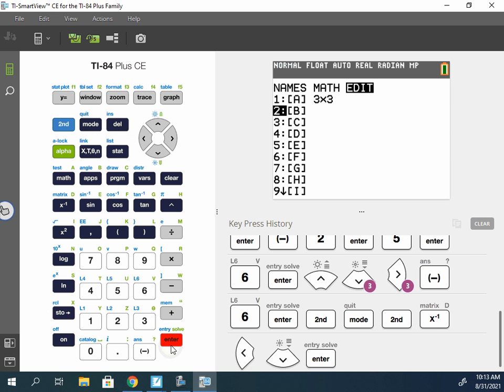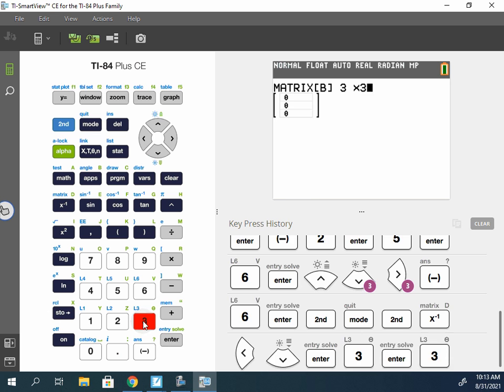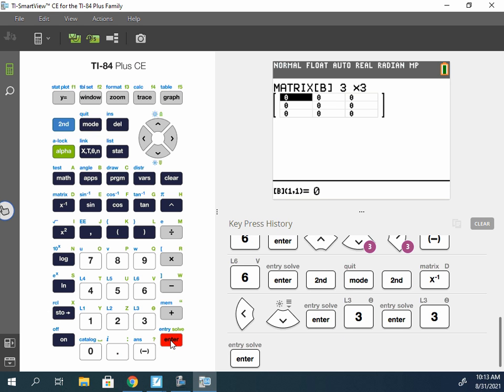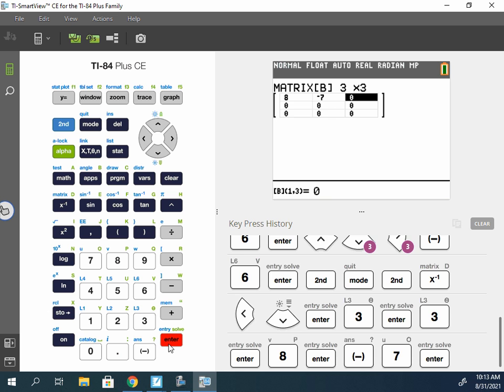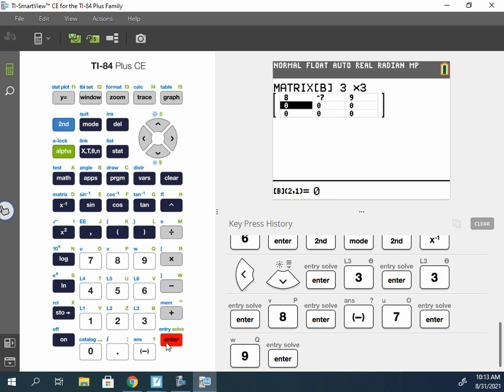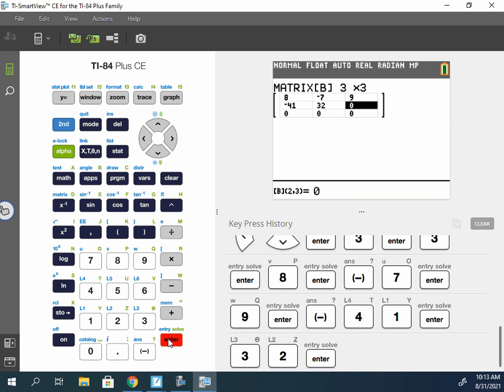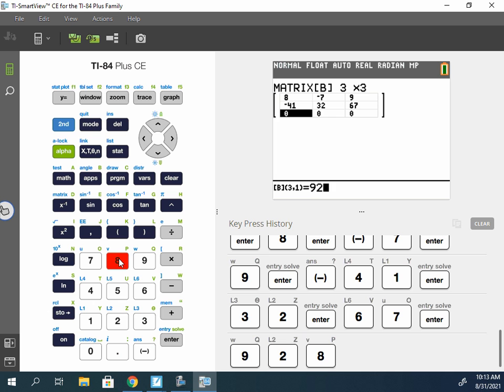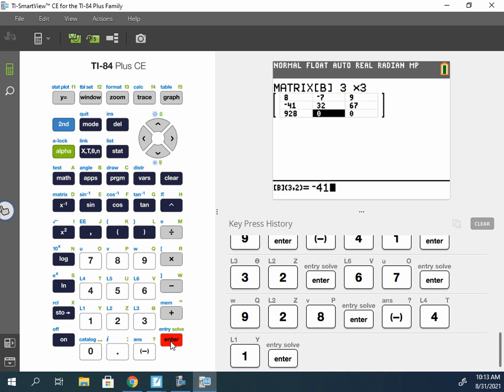So I went on and just put the first one in. And then I can go down to B and say we want another 3 by 3. 8, negative 7, 9, negative 41, 32, 67, 9, 2, 8, negative 41, and 3.